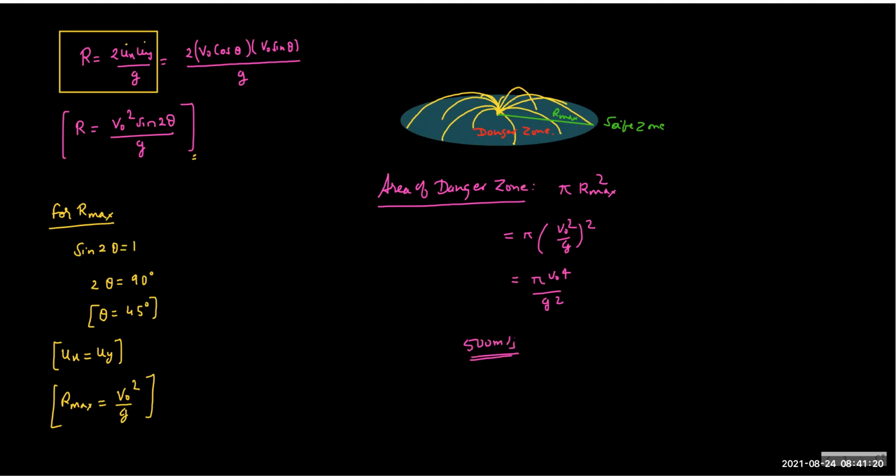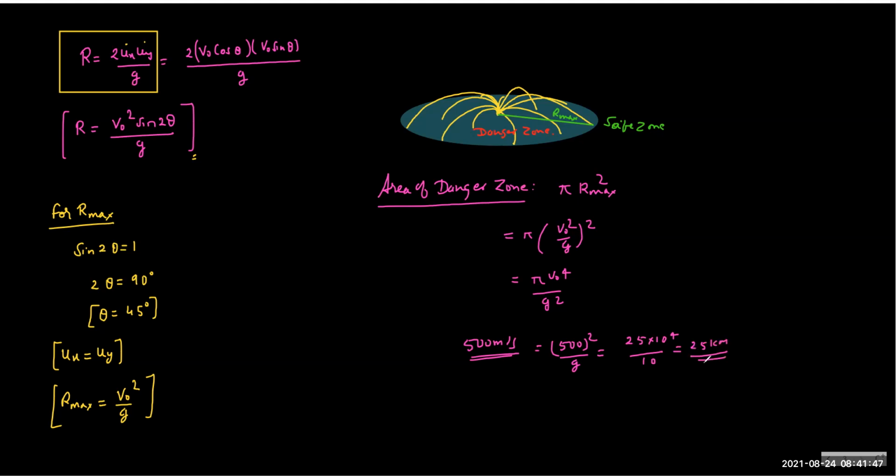So I exactly know how far I can go. The maximum range is how much? It's 500 square by g. So this turns out to be, let's take g as 10 for solving, 25 kilometers.